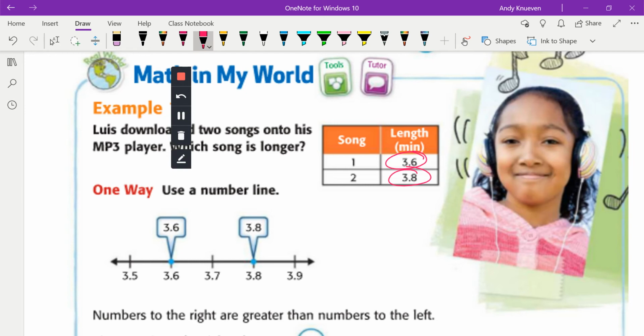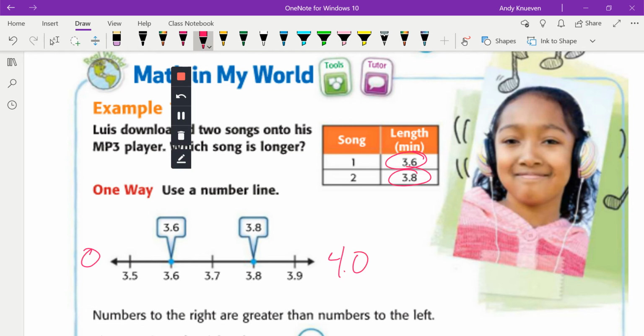If I were to add other numbers on here, a number line goes infinitely to the left and to the right. To the left, infinitely, it would go all the way down to 0 and even into negative numbers. Going to the right, it could go on, so I'm going to put just 4.0 to the right.